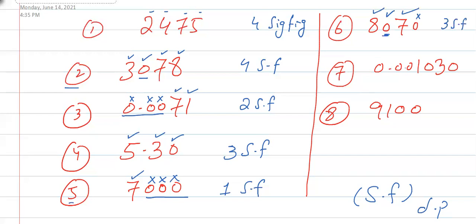Now in this example, significant, significant, these are leading 0s. Leading 0s are never significant. This one is a trapping 0, so significant. This one is an ending 0, and this is a decimal number because the decimal point is visible, so also significant. So there are 4 significant figures.